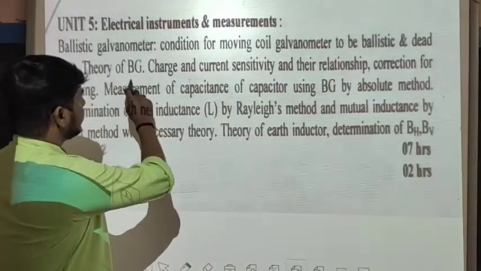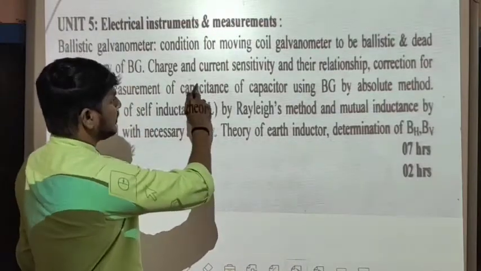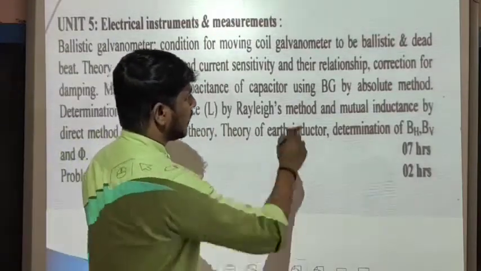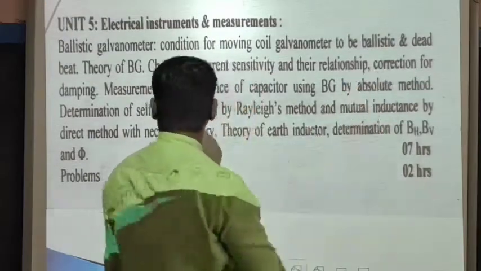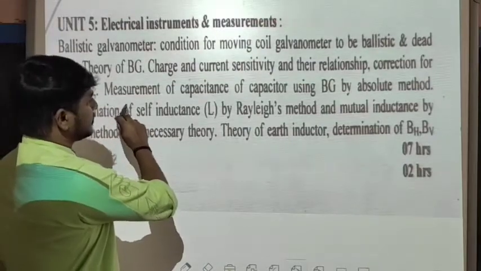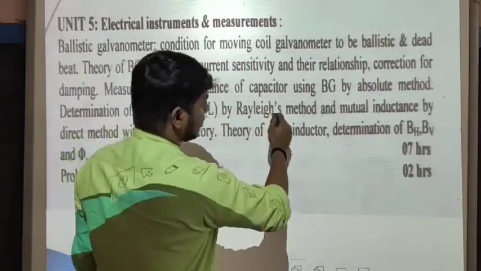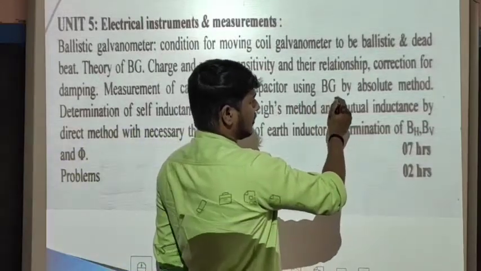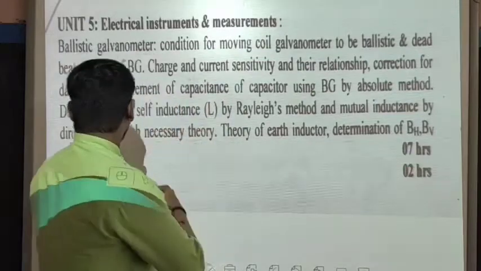Then theory of ballistic galvanometer, charge and current sensitivity and their relationship, correction for damping, and the next concept is measurement of capacitance of a capacitor using ballistic galvanometer by absolute method.